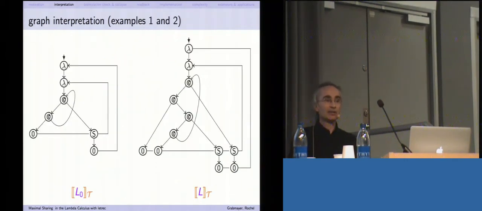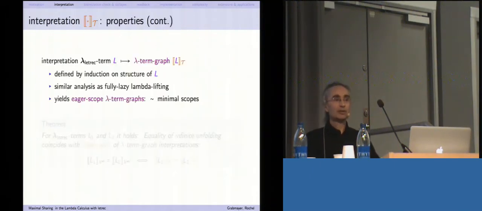So actually now you see here next to each other the 2 lambda term graph interpretations of our running example. One corresponding to the original term that is more involved than the other, and now the next step would be to compare these 2. But first, properties of our interpretation.